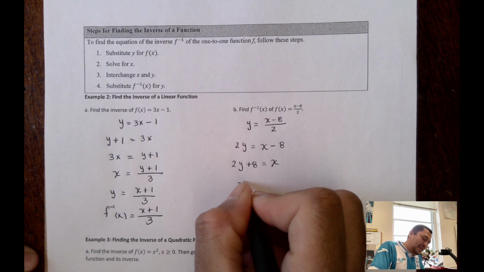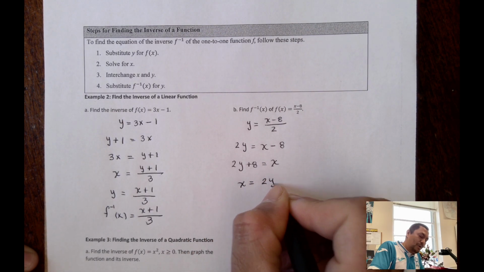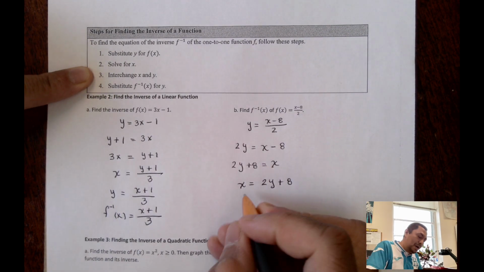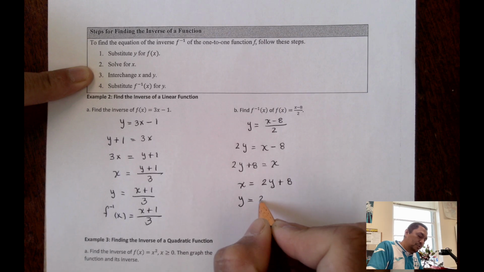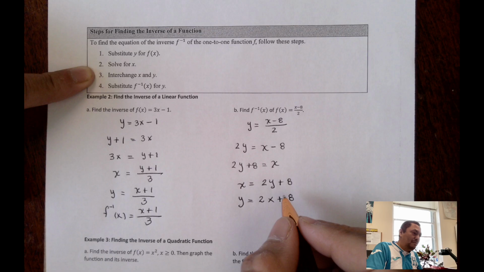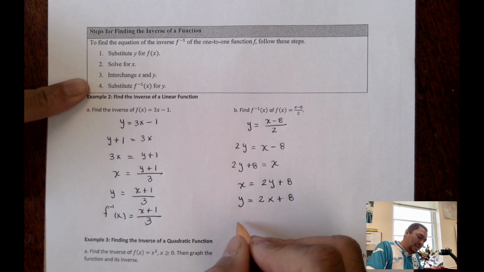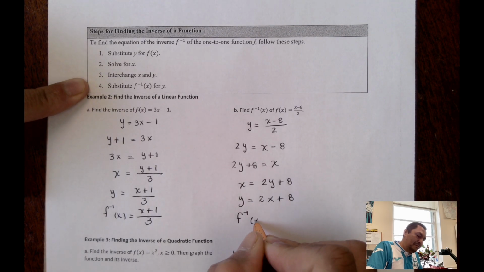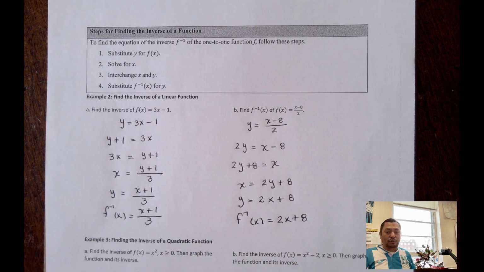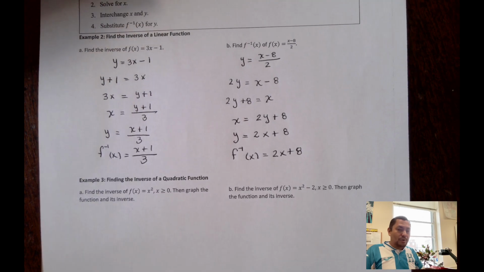So I have x equals 2y plus 8. Now I'm going to interchange x and y. So y equals 2x plus 8. And the final step, f inverse of x equals 2x plus 8. That's the solution that we are looking for.